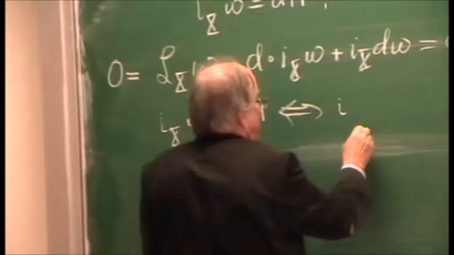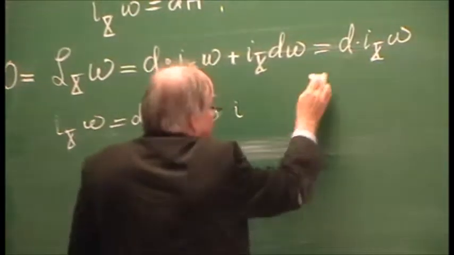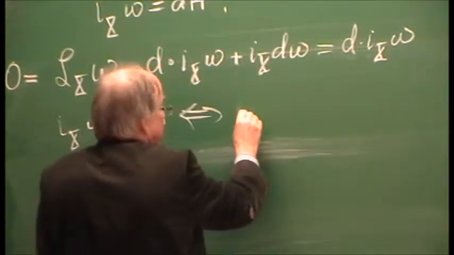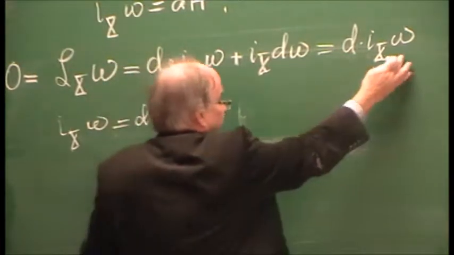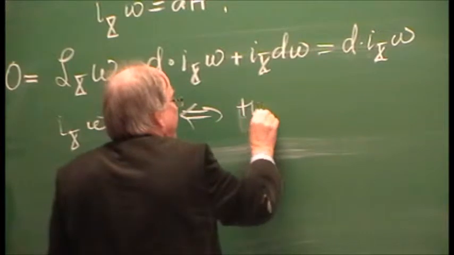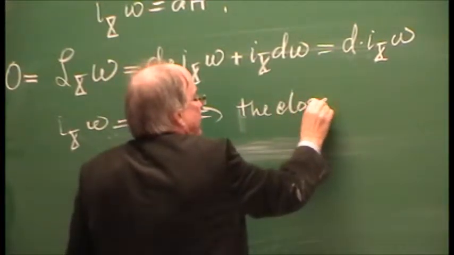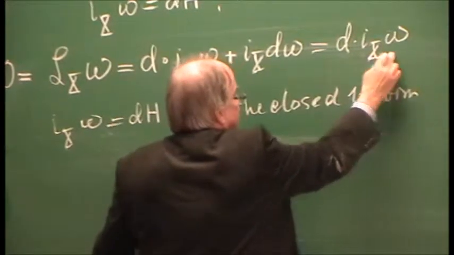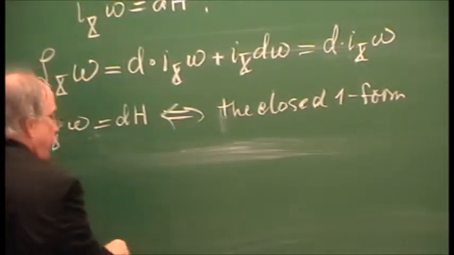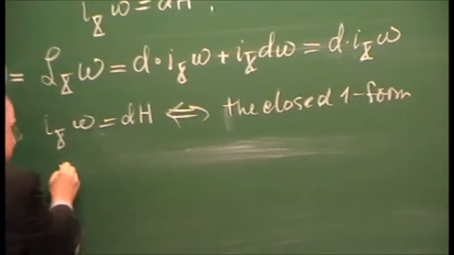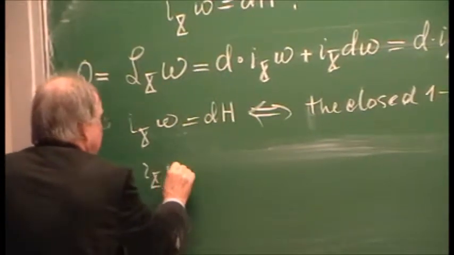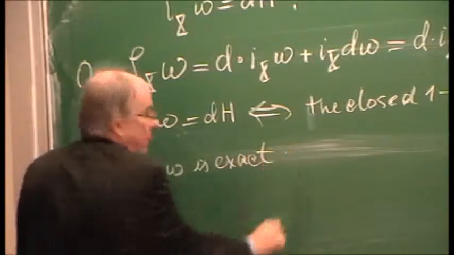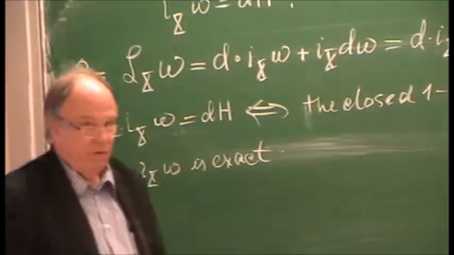If and only if this one-form is closed, and the closed one-form, contraction of X with omega, is exact. Right? If and only if it's exact.